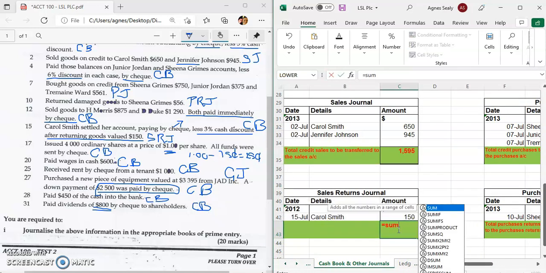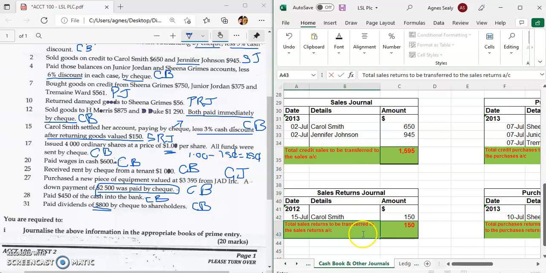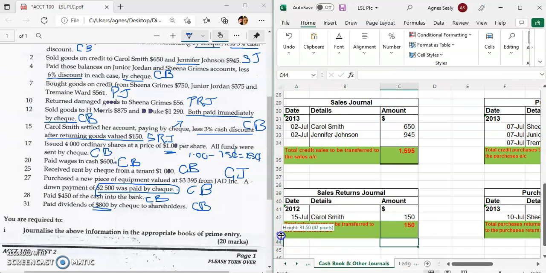So for our sales return, although it's one, we total. So total sales returns to be transferred to the sales returns account. And these accounts are found in the general ledger.